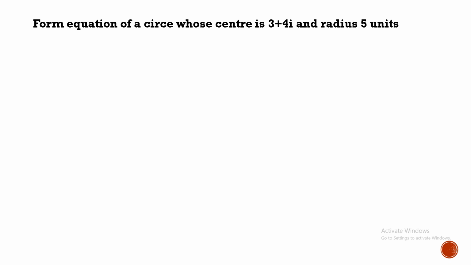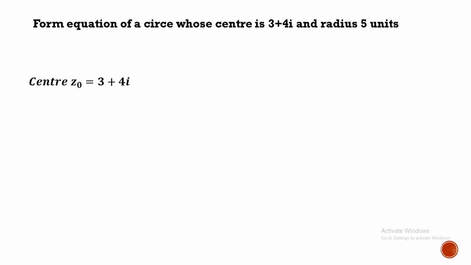As you know very well, the equation of circle is nothing but modulus value of z minus z0 is equal to r. That z is a variable point, so we cannot change it. So z should be kept as it is, and the center is z0. It is here. The center is z0, and the radius is 5. Right. Now let us try to form the equation of the circle.